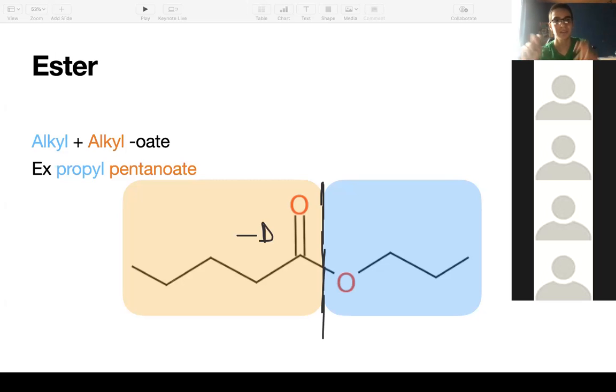It's going to be the one that gets OH in the end. In this case, we have 1, 2, 3, 4, 5, so we got pentane, OH. And then we just add the rest. This one has 1, 2, 3, which we indicate by propyl, so propyl pentanoate. And that's a good way to approach naming esters.